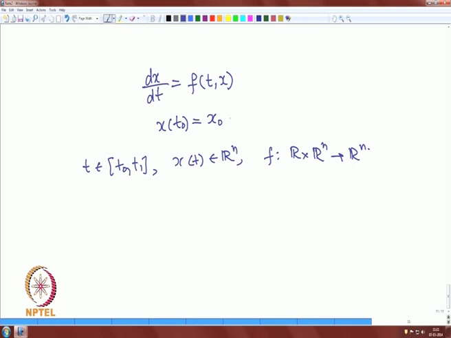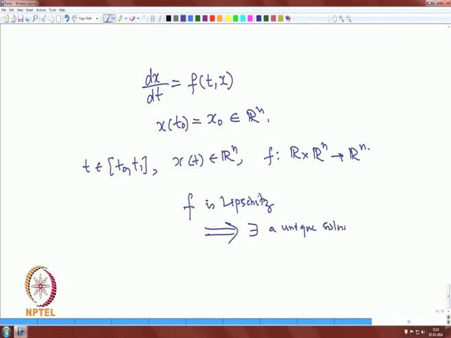And x0 is in Rn, and we can show that if this function f is Lipschitz continuous with respect to the second argument, then this implies that there exists a unique solution.